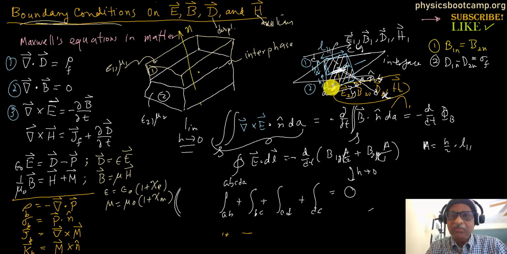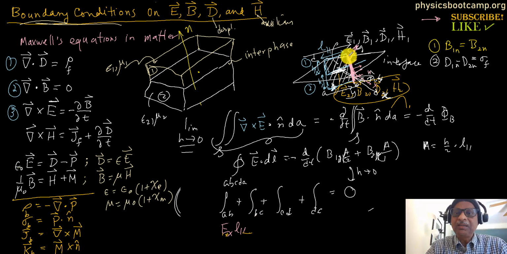Over here, E dot dl going from A to B gives Ex times L parallel. Then B to C: this is the y, and x is that way, so I'm going in the z direction, and the electric field can be arbitrary, so it's going to be an Ez.